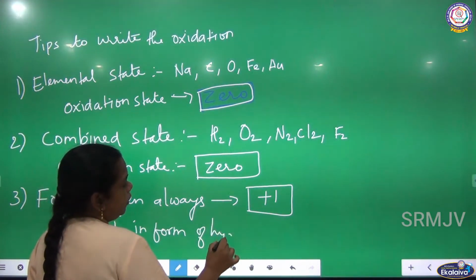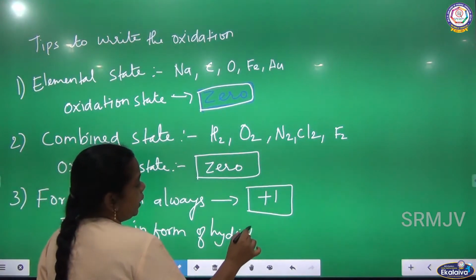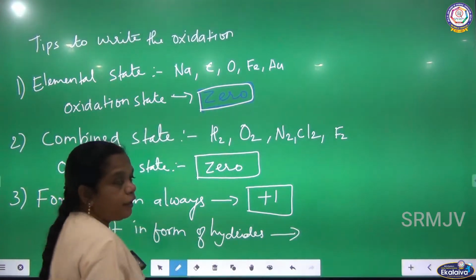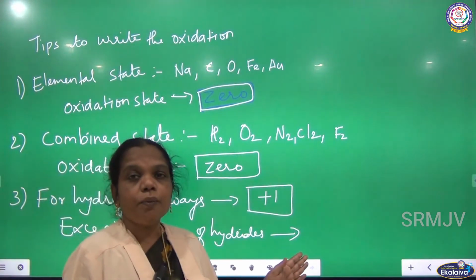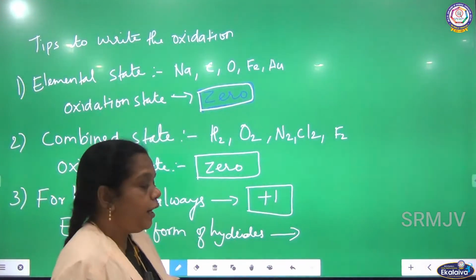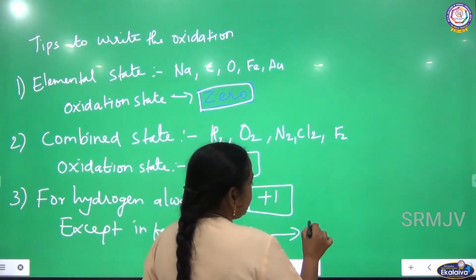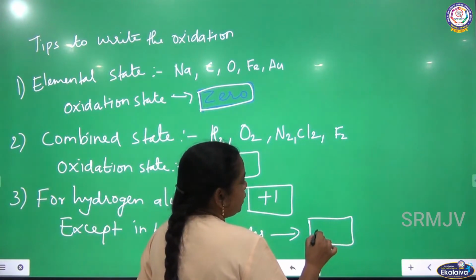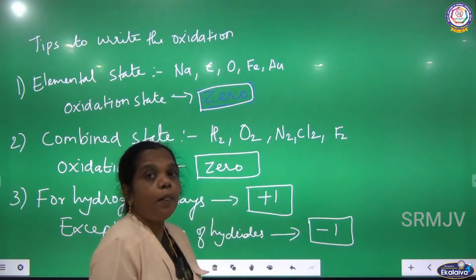In the form of hydrides, it combines with an electropositive metal. The hydrogen combined with electropositive metal. In this case, the oxidation state for hydrogen is -1.